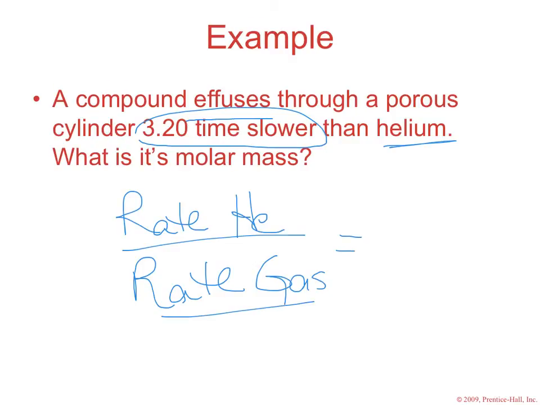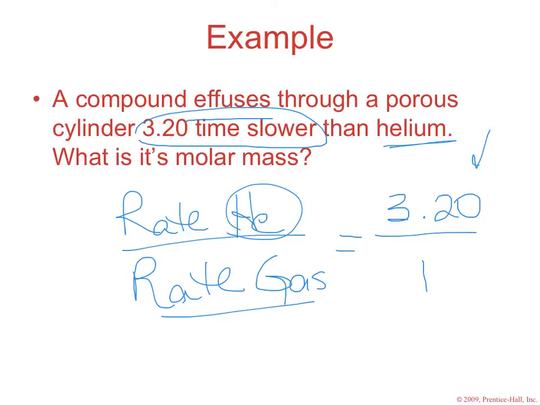The unknown gas is slower, which means that helium is 3.2 times faster. I like to work with numbers larger than 1 instead of less than 1, so I put the faster one on top.